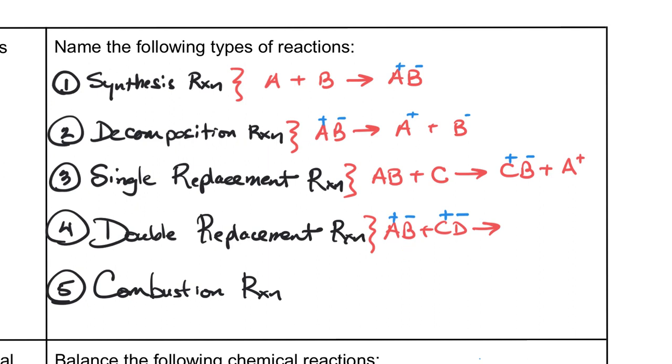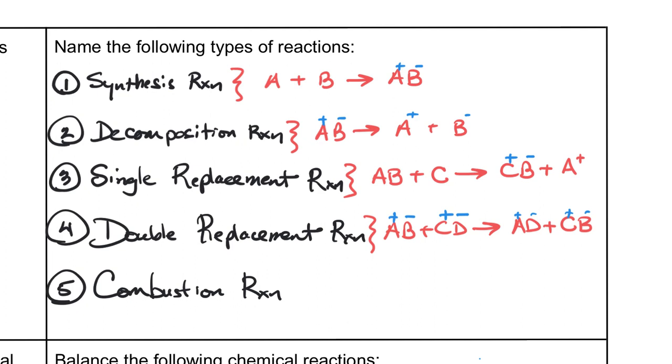You're going to see an aqueous sign here at the bottom for both of these. So the product you're going to wind up seeing at the very end is A bound to D, and then C will be bound to B. Retaining the charges, you can see where the regrouping took place. Since two separate atoms were replaced in this reaction, this is known as a double replacement.